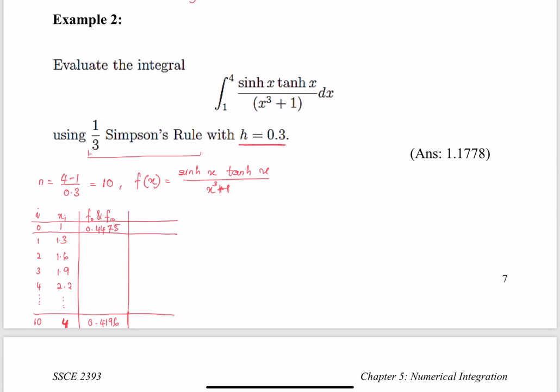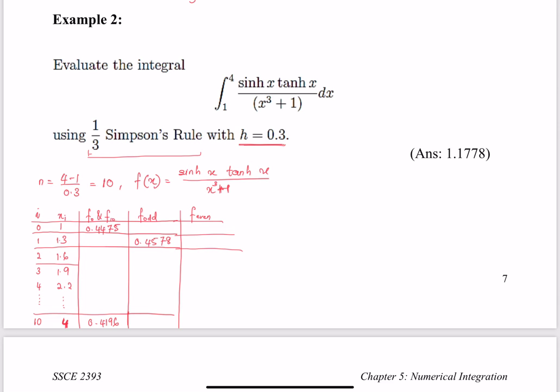0.4196. And then the next column is f for odd, so you calculate when x is equal to 1.3, and what we have is 0.4578, and the next column is for f even.